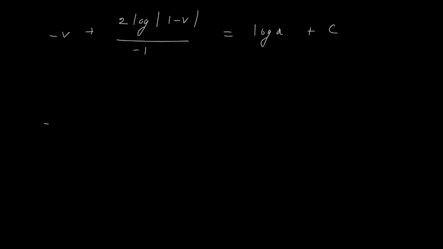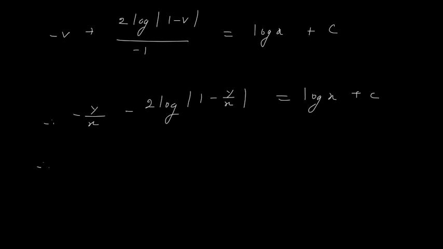So therefore I have minus y upon x minus 2 log, this minus will go here, minus 2 log of 1 minus y upon x is equal to log x plus c.